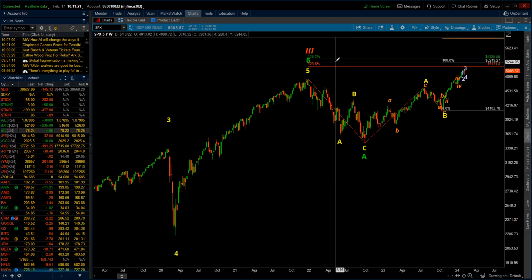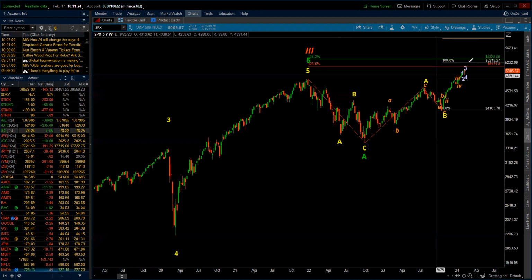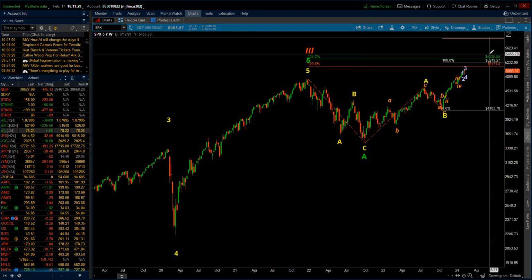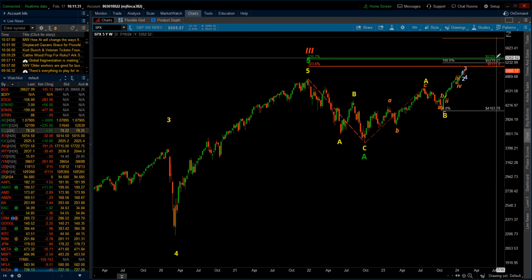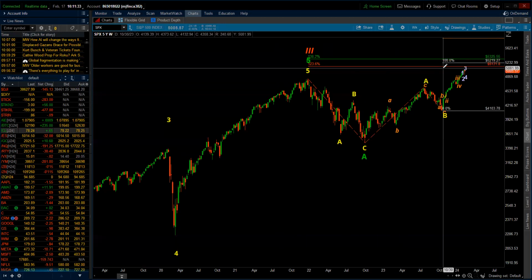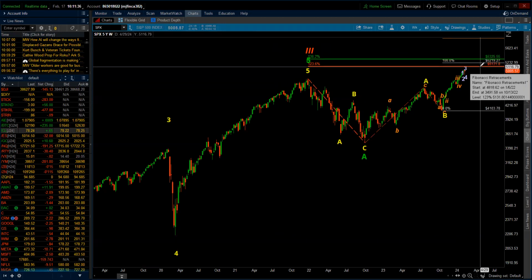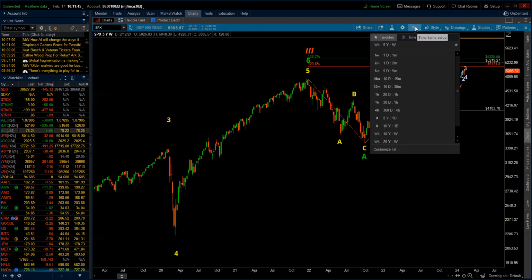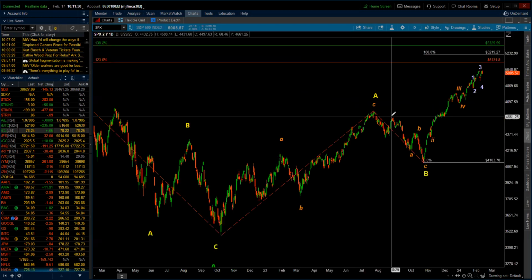And then the next level would be 1.382, where wave B is 1.382 times the length of wave A, and that one comes in at 53.25. So we're getting up there and starting to hone in on 51.32. As I break this down, we're going to see how close we possibly can get. Because now I'm going to start replacing all of our Fibonacci levels that are going to guide us as we go up.